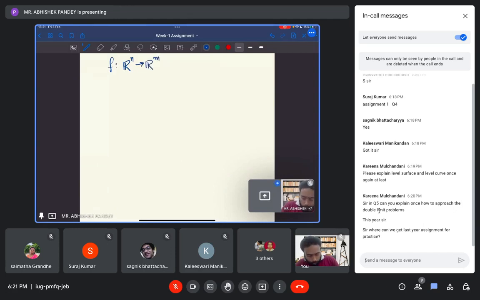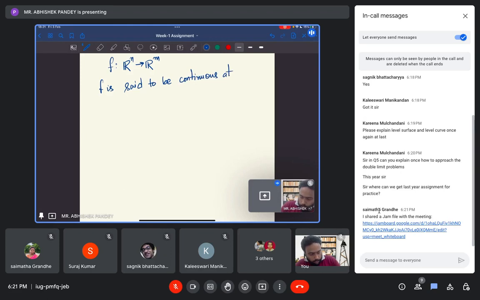Then f is said to be continuous at some point, let us say x equals a, if the limit as x tends to a of f(x) is equal to f(a). Okay, basic definition.